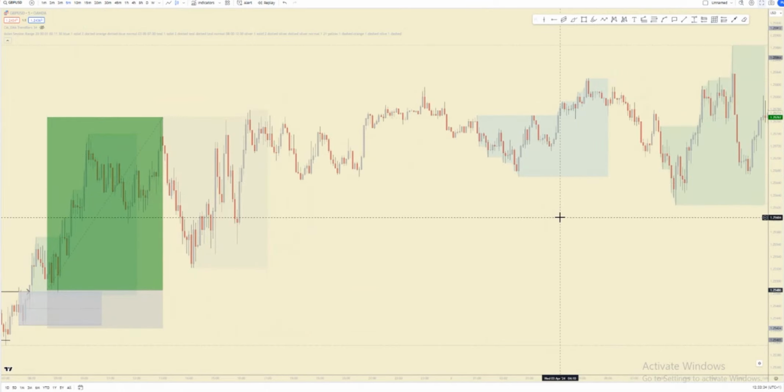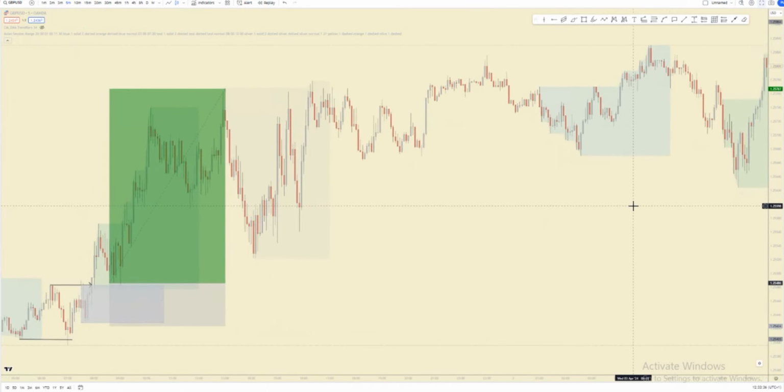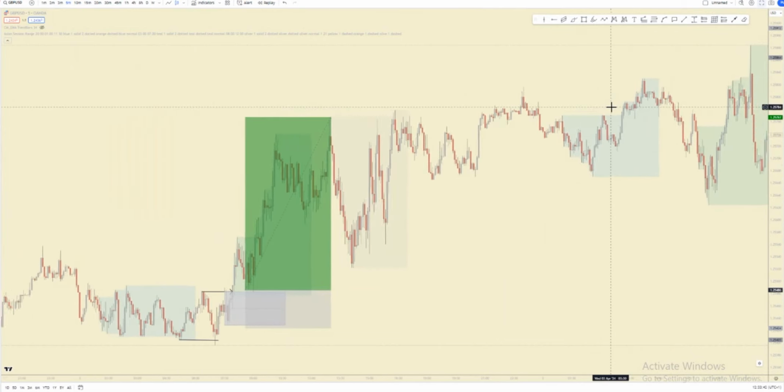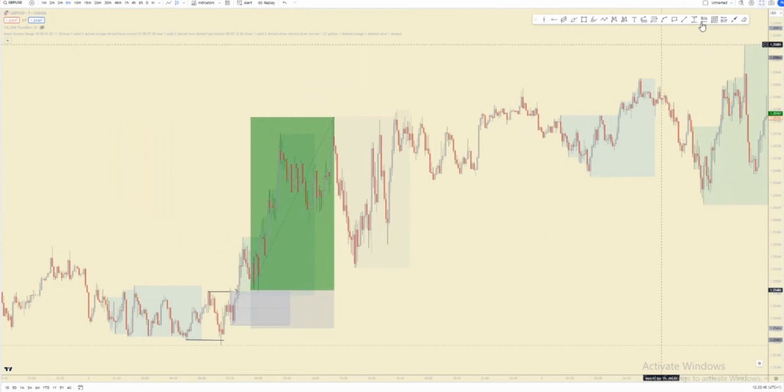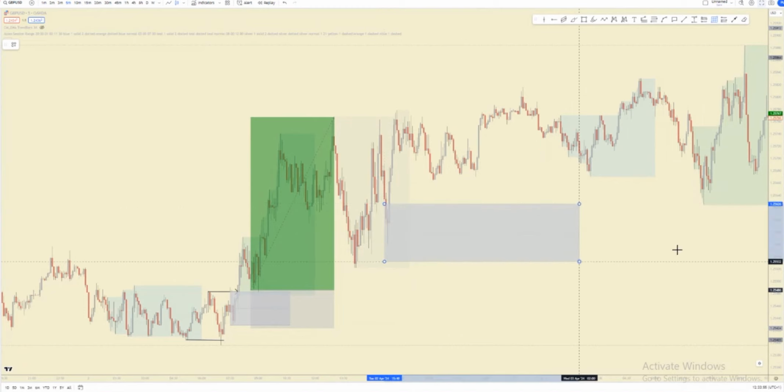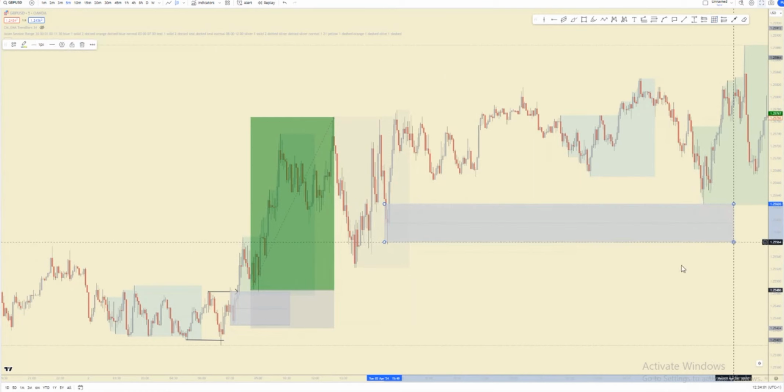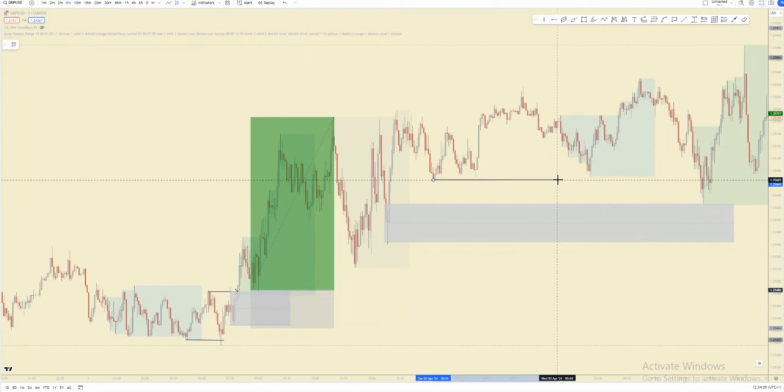What do you think Asia was doing right here? Trending to the upside, right? Yes. So we should be buying. But then we still first of all have to check the demand zones. This one has not been touched. So that automatically makes us look at this as an inducement. In SMC, we call it relative equal lows.